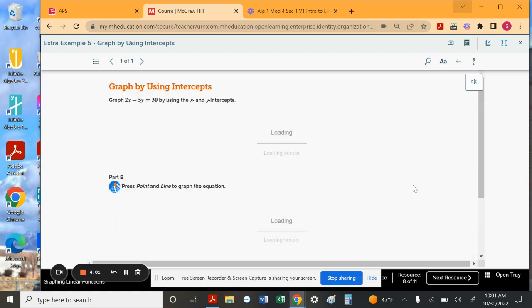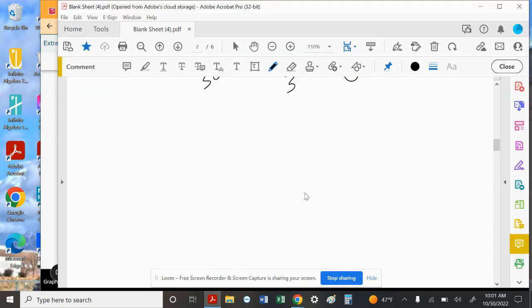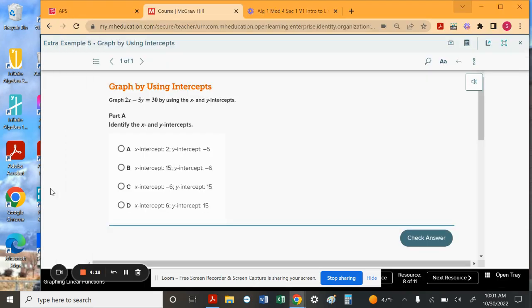Okay, so for this one, we want to identify our intercepts. 2x minus 5y equals 30. I should always check that because I always get negatives wrong whenever I'm copying it over. We want to find the x and the y intercepts in that particular case.